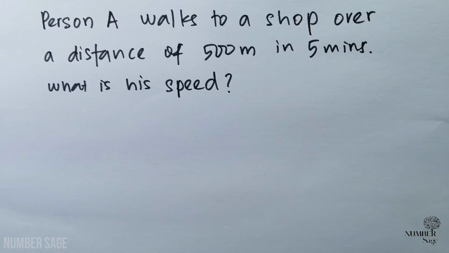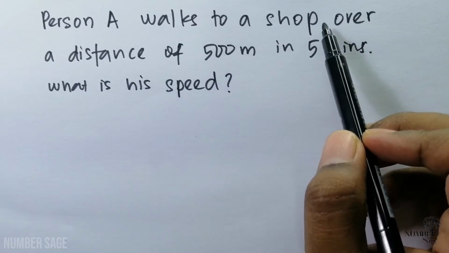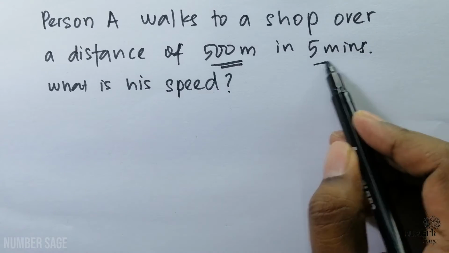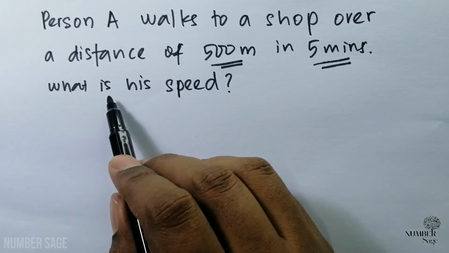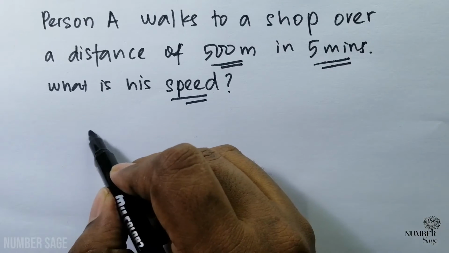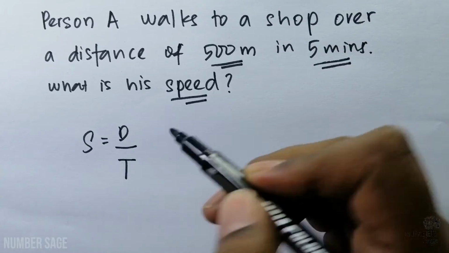Now, let's look at the first example. Person A walks to a shop over a distance of 500 meter in 5 minutes. What is his speed? As we learned earlier, speed equals distance over time.